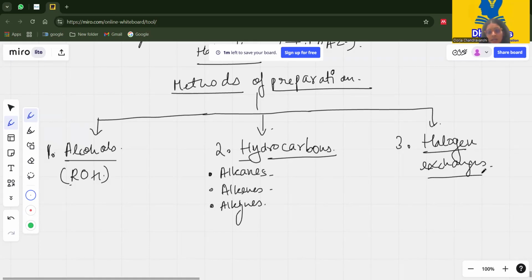Halogen exchange, in this, you basically have a look at the change of halogen. So basically, if you have RCl and RBr, these are going to change and give us RF and RI.